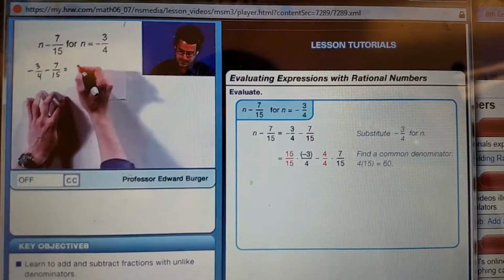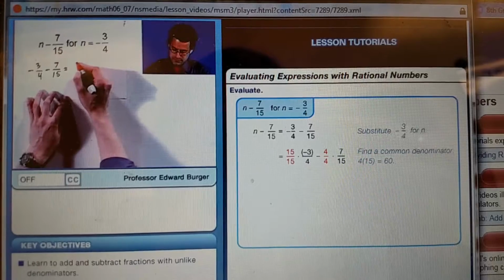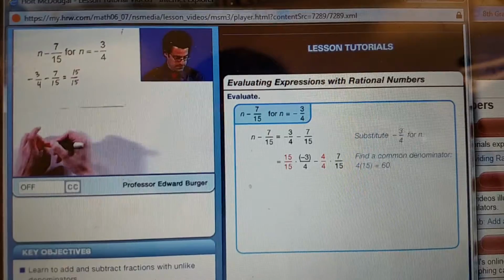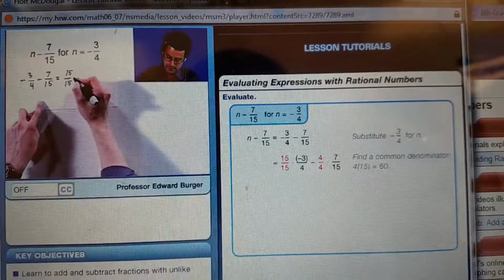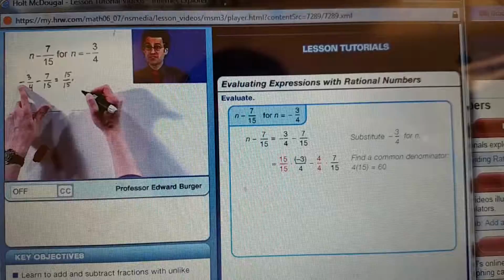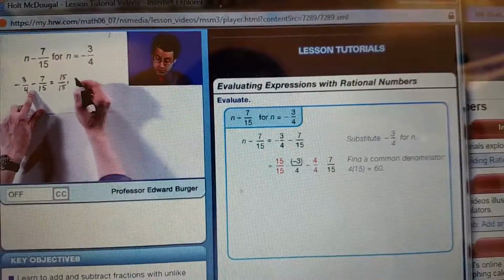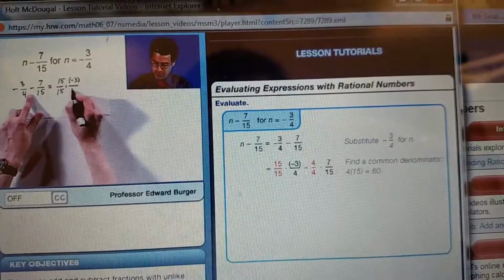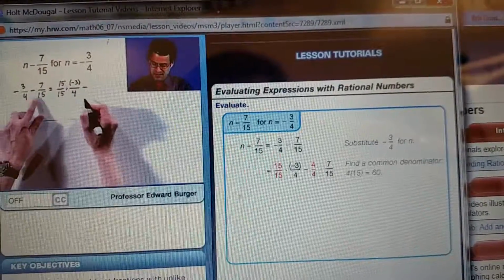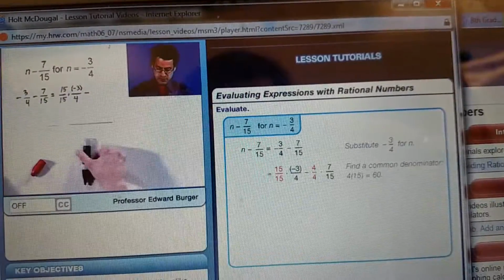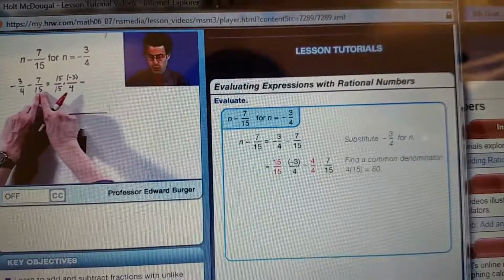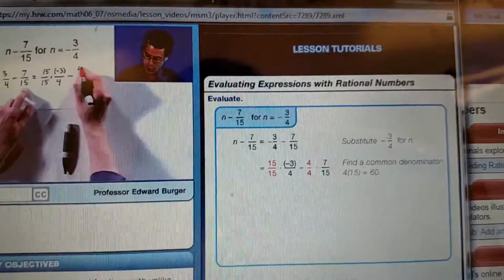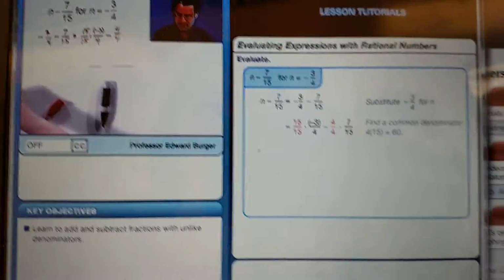Now I multiply the top by 15 and the bottom by 15, and this negative sign is going to carry up into the numerator, and so I have this negative 3 over 4, and then minus, and I have to multiply top and bottom of this by a 4 in order to make that 15 60. So I'm going to have a 4 over 4, so it doesn't change the value of anything.